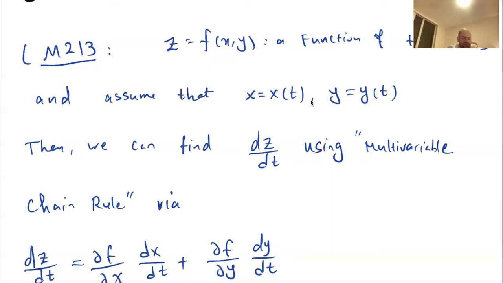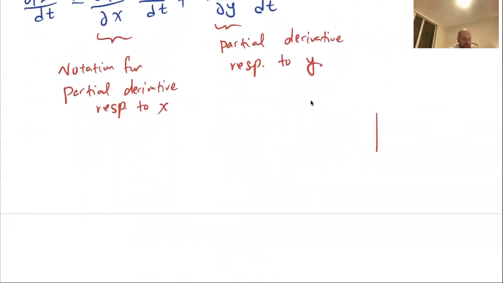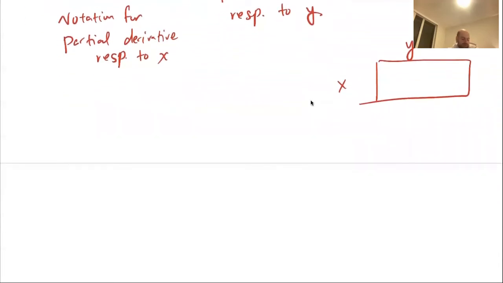Imagine, for example, a rectangle with length and width that both increase as time passes. t is the independent variable, x depends on that, y depends on that, and the area of the rectangle is x times y.